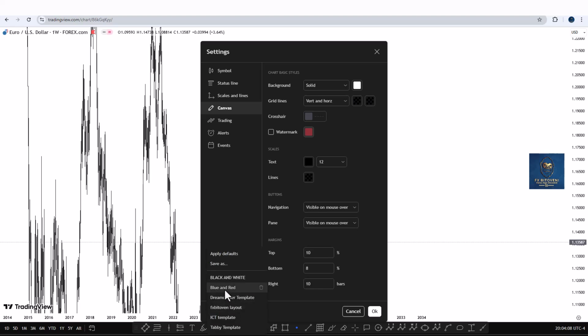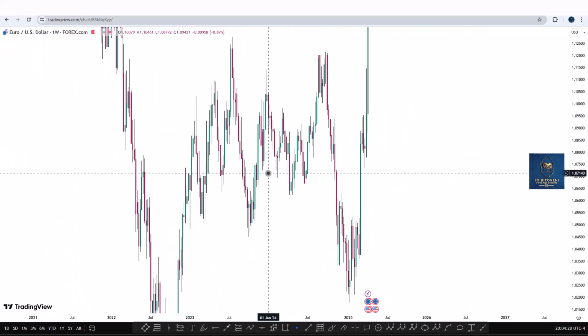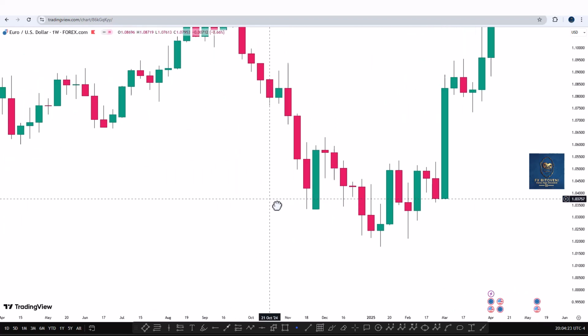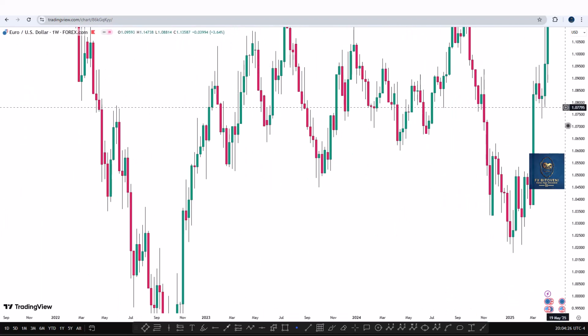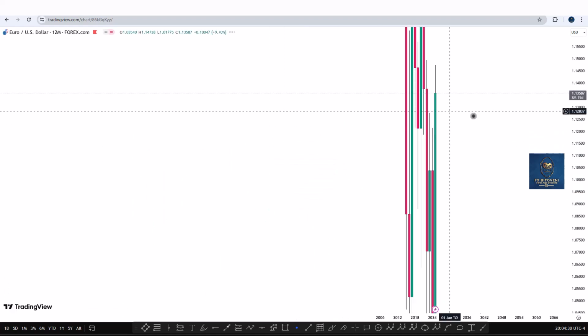Blue and red. Okay. I will switch to the monthly time frame. I mean the yearly time frame.